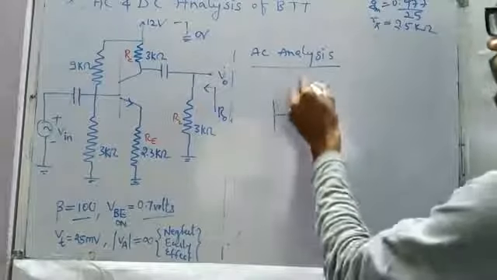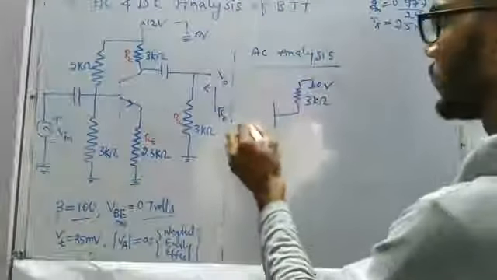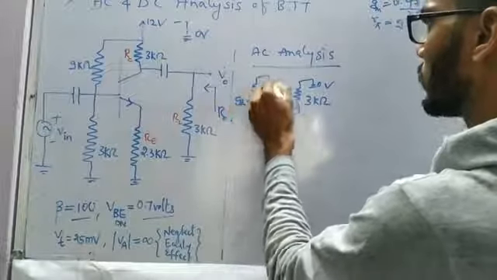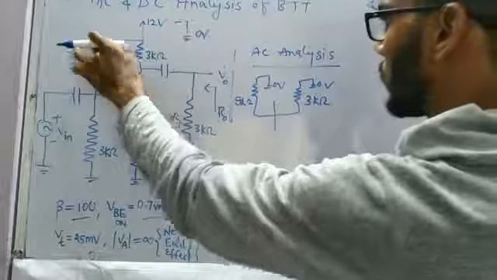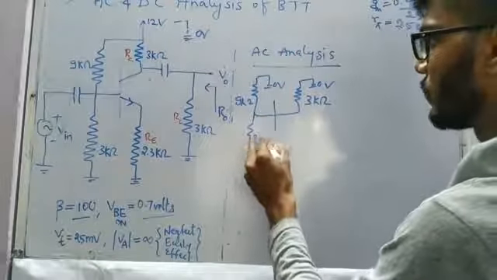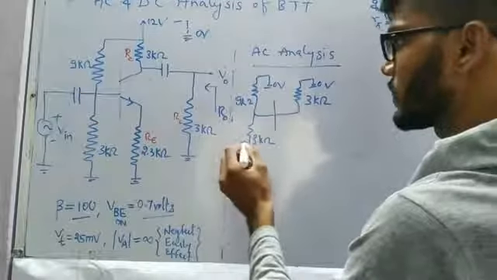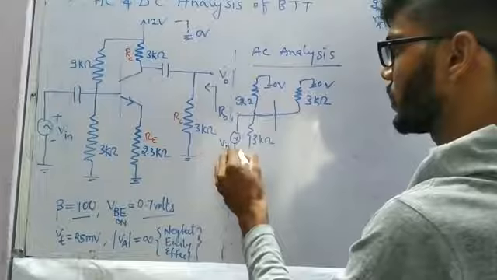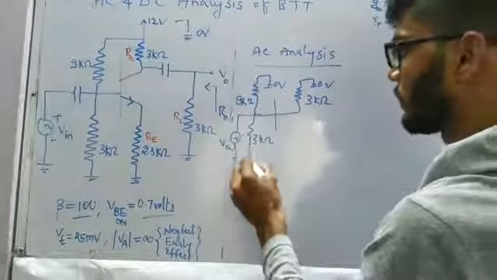So this will be 3 kilo ohm and this will be 0 volt, and 9 kilo ohm, this will also be at 0 volt because these 2 points are connected together, and this is 3 kilo ohm. Now this capacitor has to be short circuited this time. So now the AC voltage source is going to come into the picture.